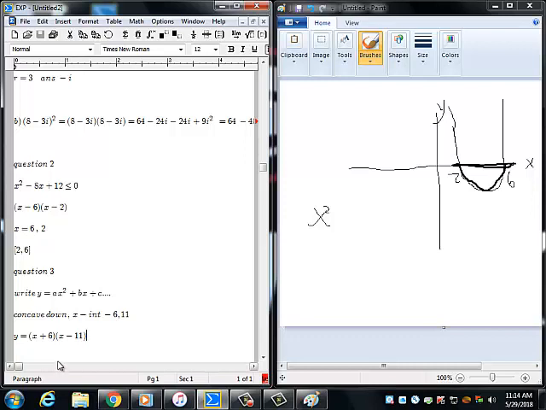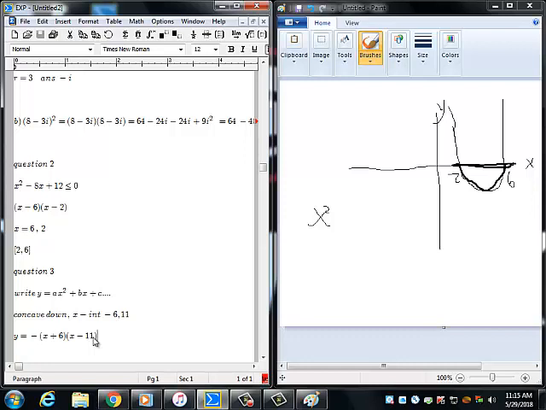That's the part that Kibbe would have gotten. He would have multiplied that out, said x squared minus 11x plus 6x minus 66, and gotten x squared minus 5x minus 66. But if it's going to be concave down, you would have to put a negative sign out front.